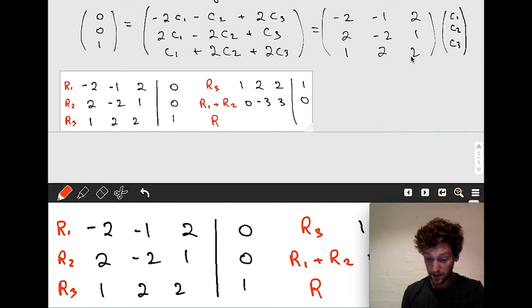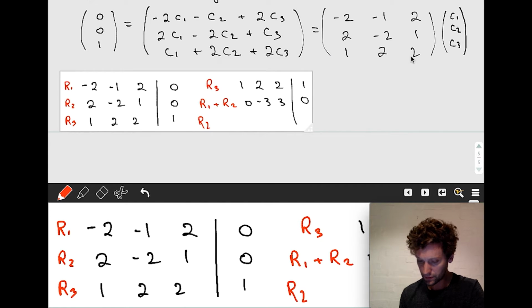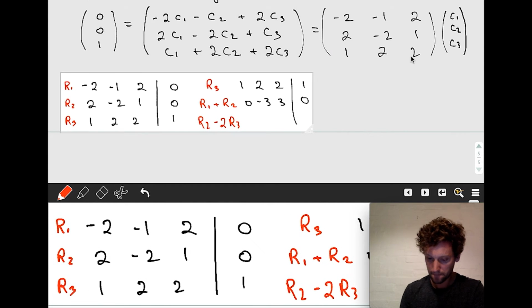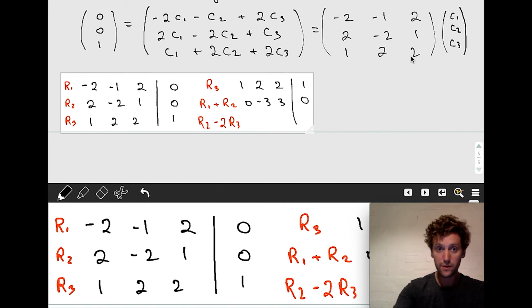Why don't we add together R2 and minus 2 times R3. So we're going to have R2 minus 2 times R3.